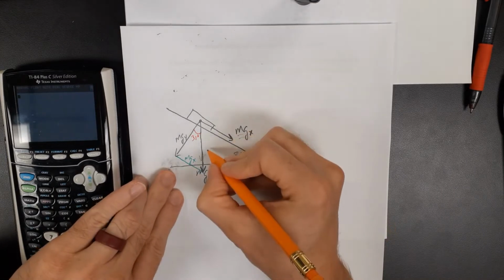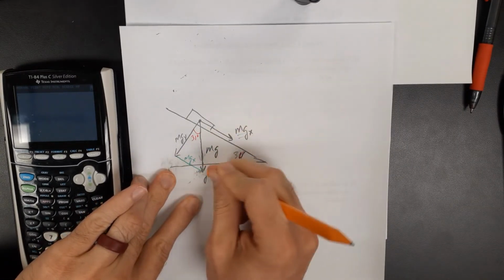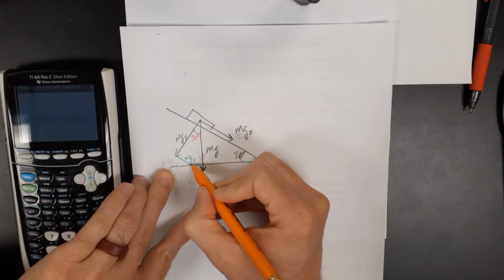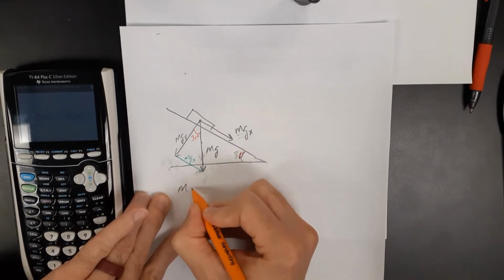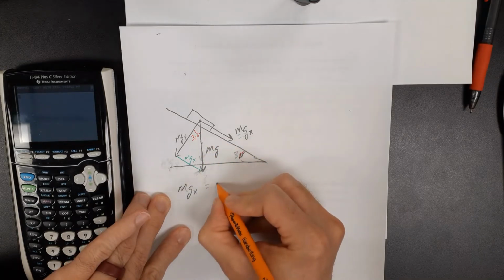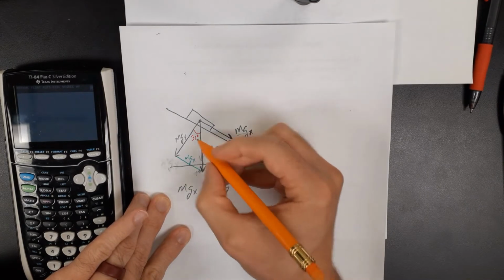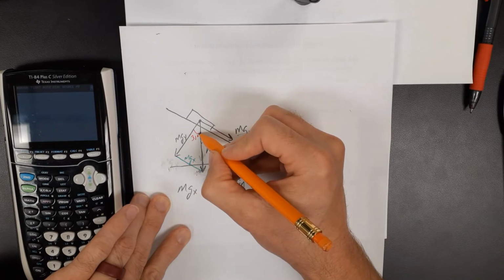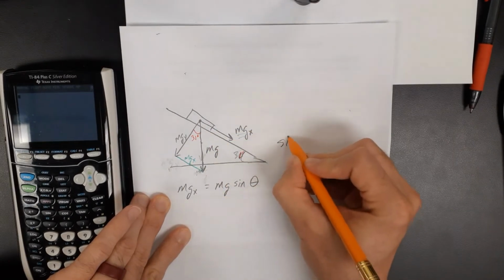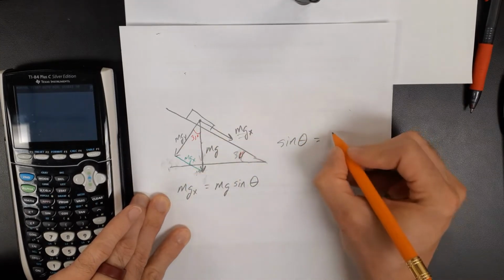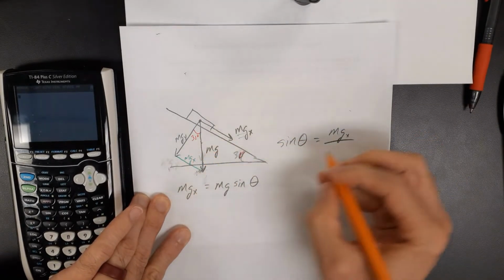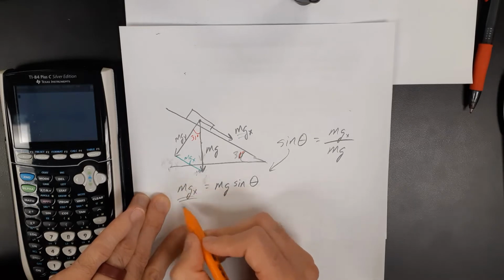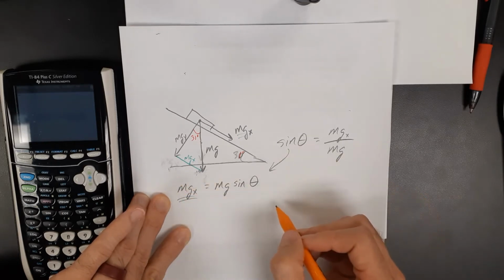So if we know the weight of this object, or the force of gravity, and we want to get the x component, it is the opposite side. So the x component must equal the force of gravity times the sine of our angle, because sine of theta is the opposite side, mgx, divided by the hypotenuse, mg. We've just gotten mgx on a side by itself.